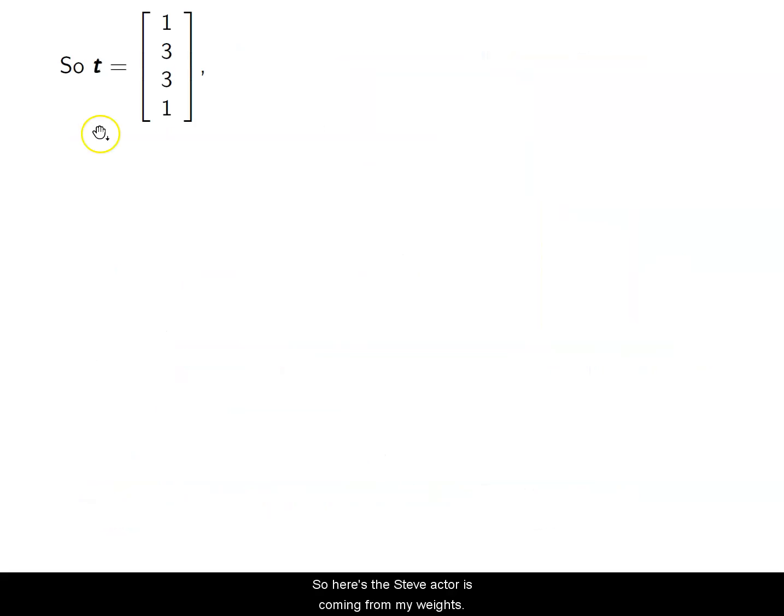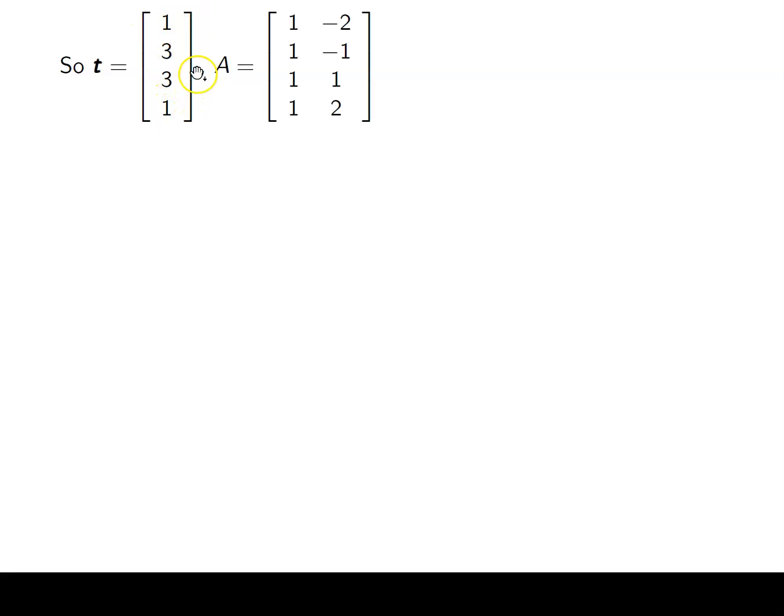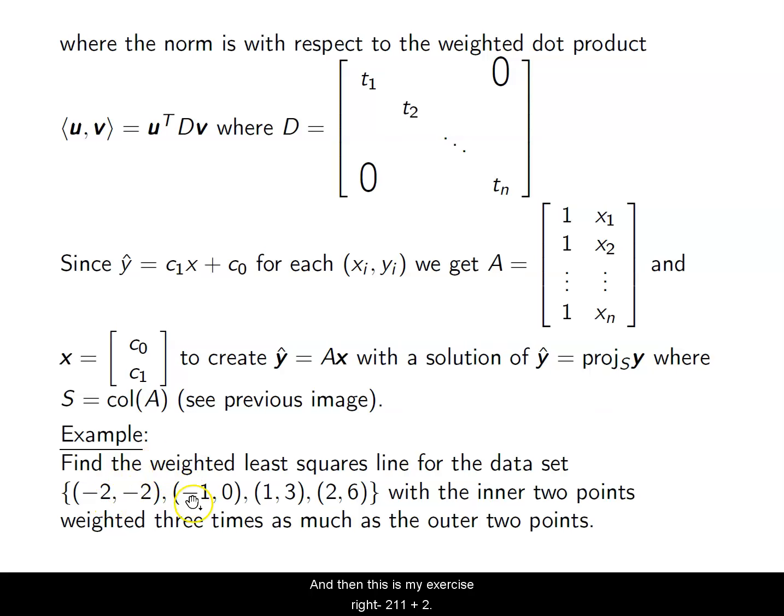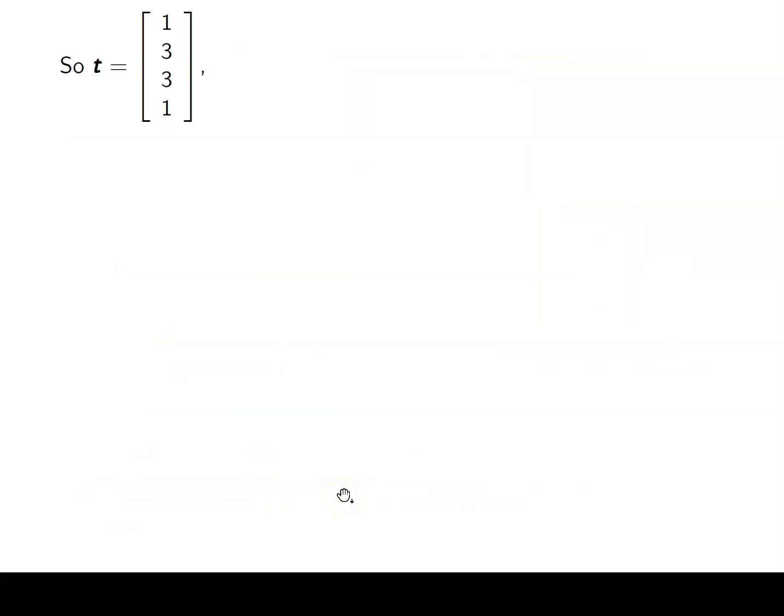So here, this t vector is coming from my weights. This is the outer 2 data points, and the inner 2 data points are 3 times as emphasized as the outer 2 points. Here my A is all 1, 1, 1, 1, and then this is my X values, -2, -1, 1, and 2.